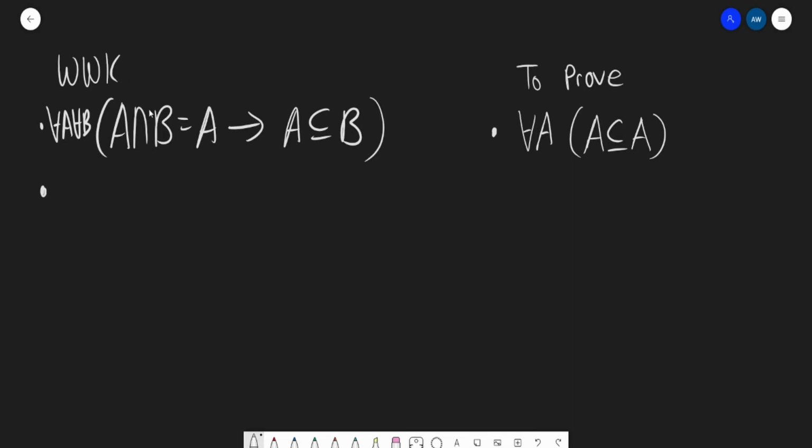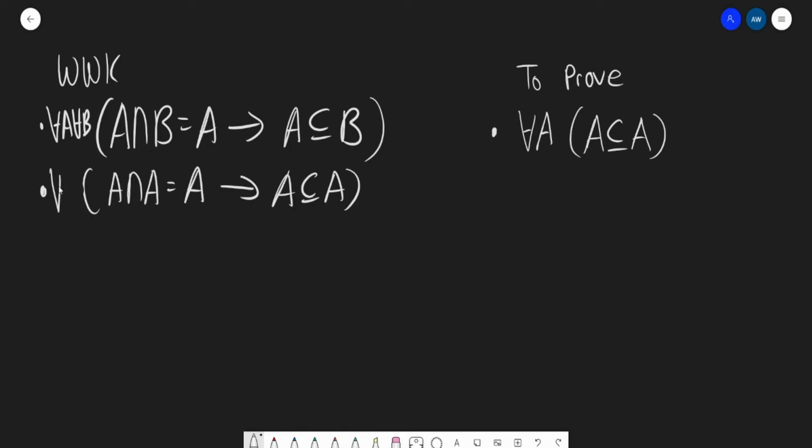If we substitute B for something else, then we can simply ignore the quantifier. So let's do that. Substituting B for A, I mean. So A intersect A is equal to A implies A is a subset of A. Alright. Oh, actually, yeah, I forgot to write the A here.